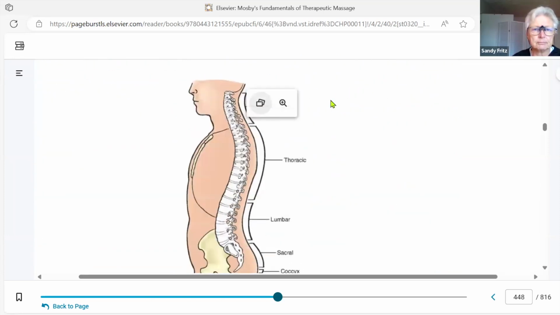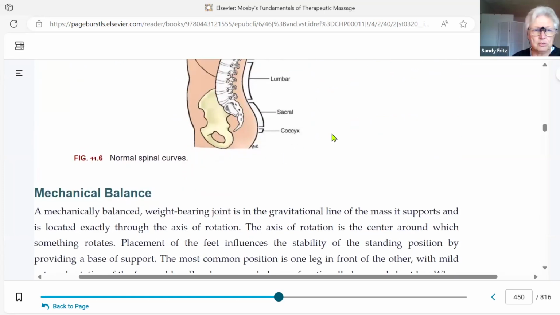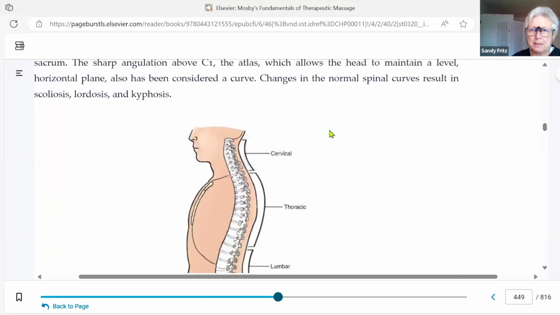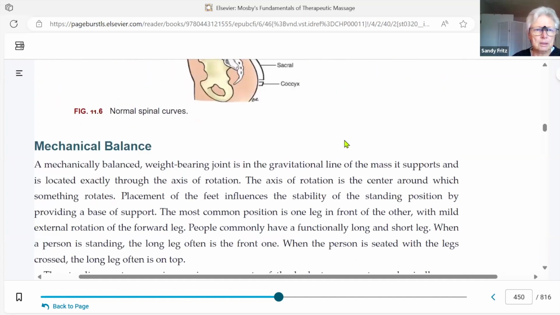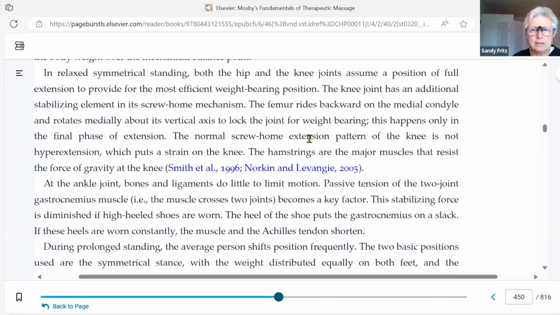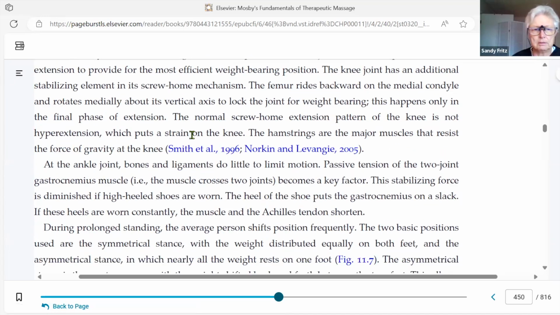So here are some visuals to help you look at what is typically seen as normal, and then the mechanical balance, and the videos that accompany this chapter on the YouTube, or we have some on the YouTube, but particularly on the Evolve site. And at the end of this discussion, I'll show you those. They do an excellent job reinforcing all this material.